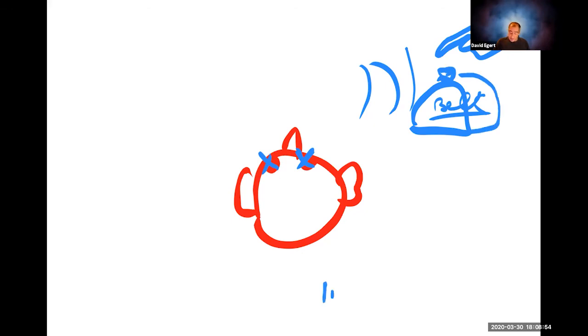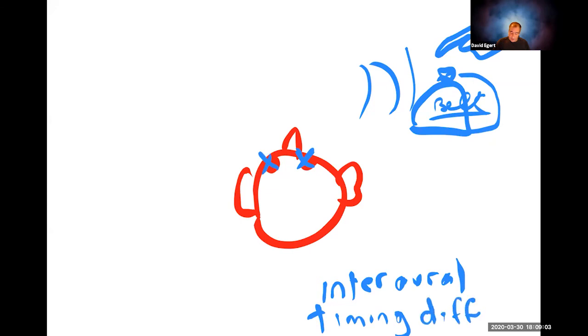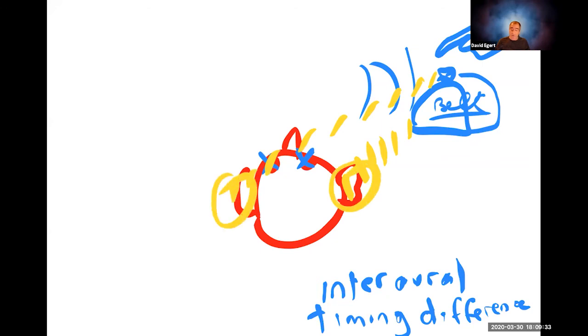Basically, this idea of interaural timing difference. So sound is actually pretty slow. If you've ever seen lightning flash and like 5 seconds later, you can hear the thunder. Normally your nervous system is super pokey, but in terms of sound waves, sound is slow enough that if the bell is over here, this ear will actually hear it before this ear hears it.